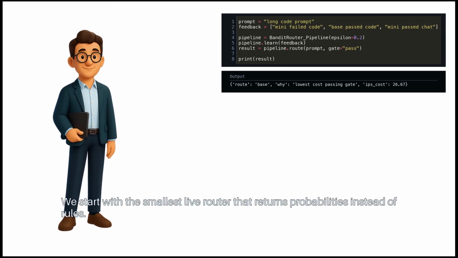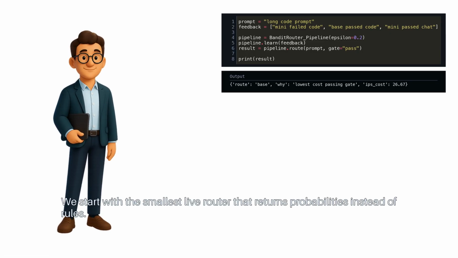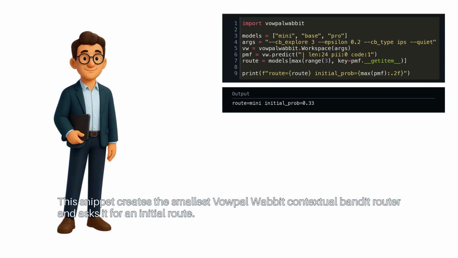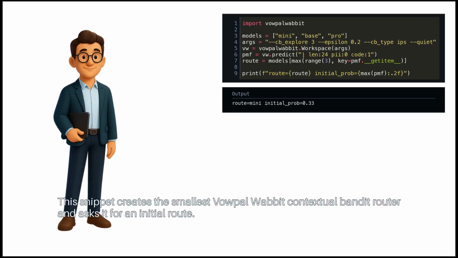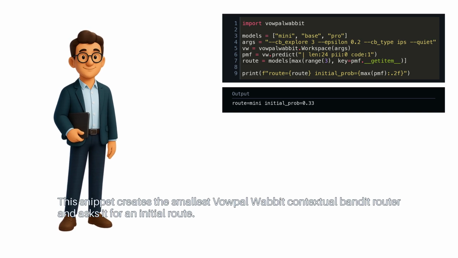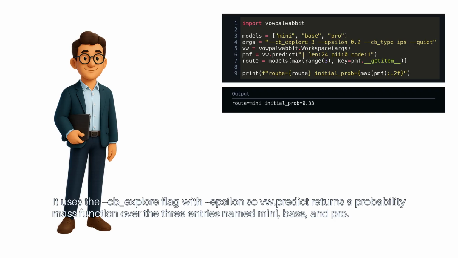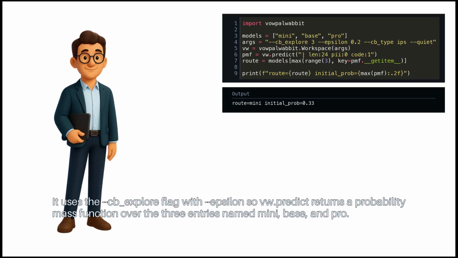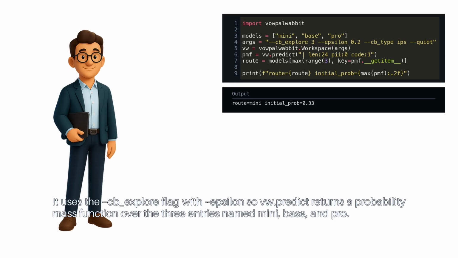We start with the smallest live router that returns probabilities instead of rules. This snippet creates the smallest Vowpal Wabbit Contextual Bandit router and asks it for an initial route. It uses the --cb_explore flag with epsilon, so VW predict returns a probability mass function over the 3 entries named mini, base, and pro.